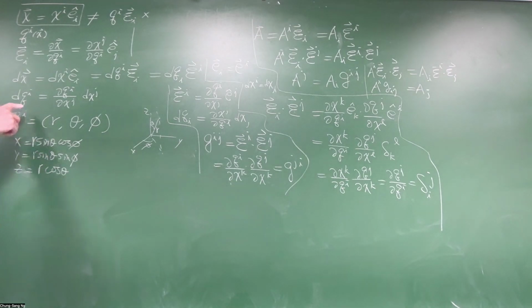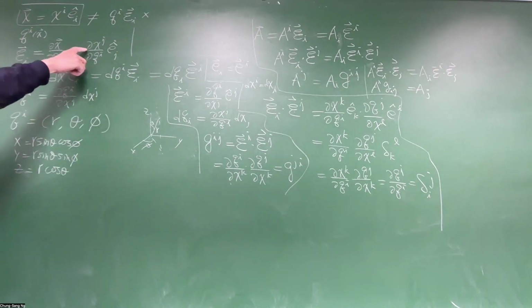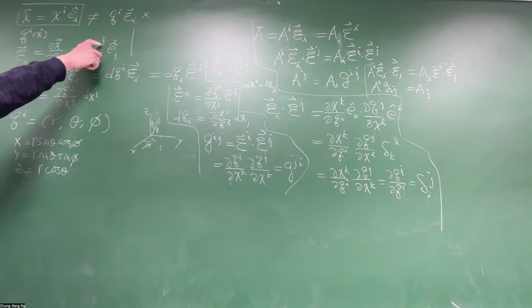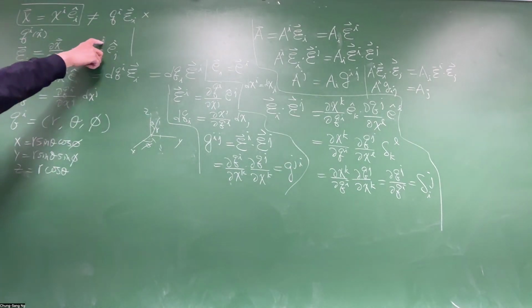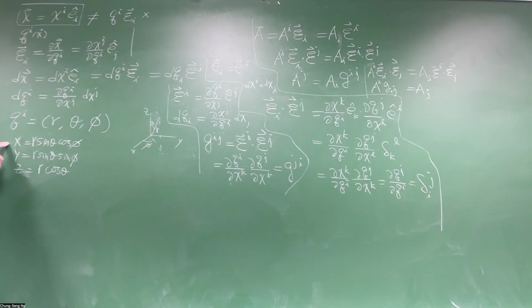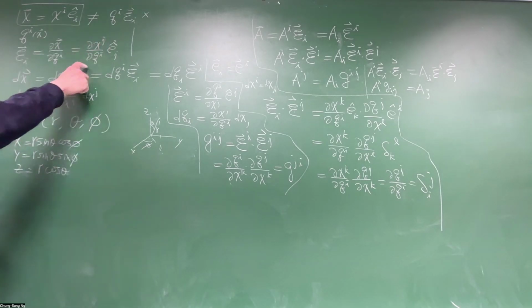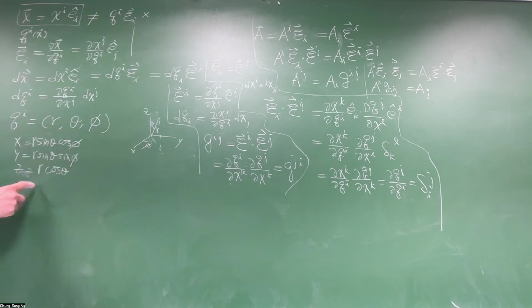All this differentiation, you can do that. So this is like partial x superscript 1, let's say 1 is partial x over partial r. Partial x over partial r would be sine theta cosine phi. Likewise, all these nine elements, you can do that, right?